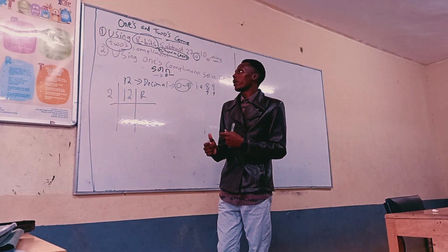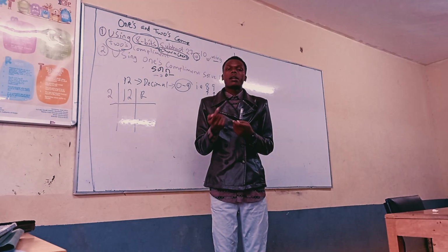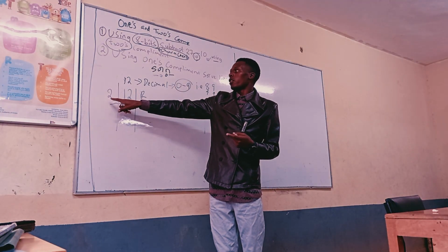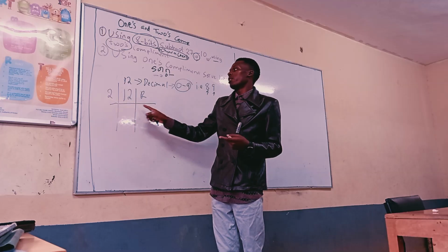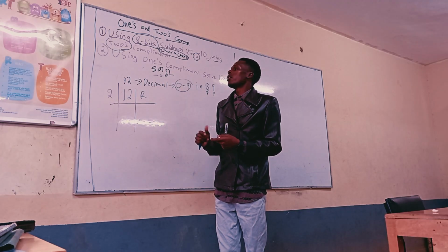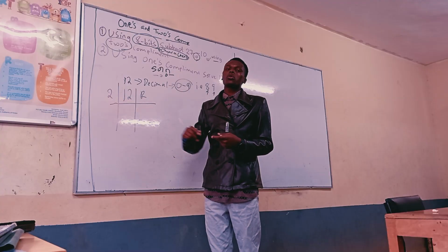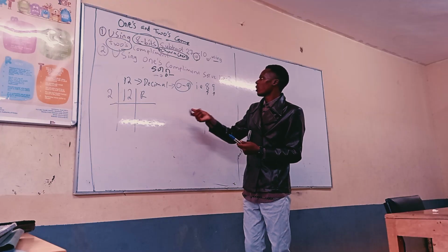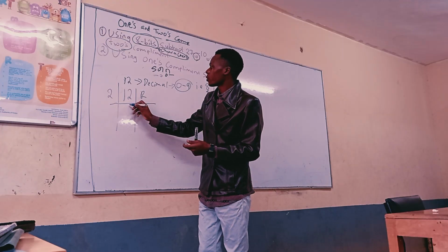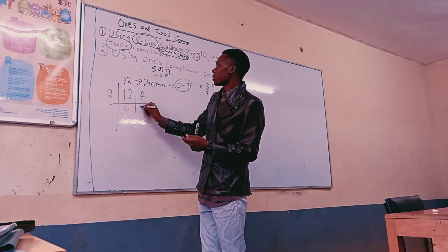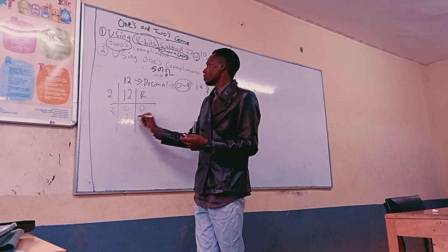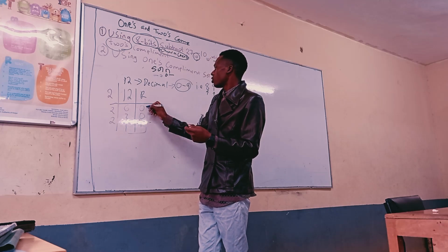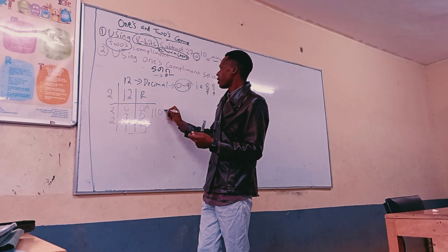When converting to another number system like octal, you will be dividing by 8 and writing the remainder. But in this case, you are supposed to divide by 2 because you are converting decimal to binary. 12 divided by 2 is 6, remainder 0. 6 divided by 2 is 3, remainder 0. 3 divided by 2 is 1, remainder 1. So the number is 1, 1, 0, 0.